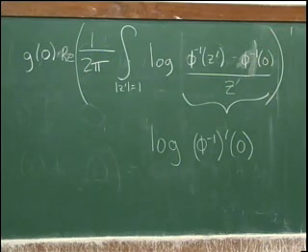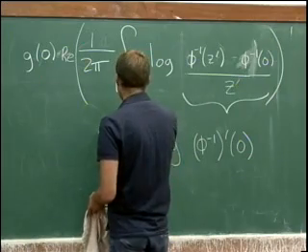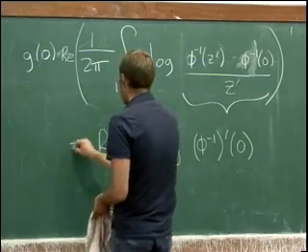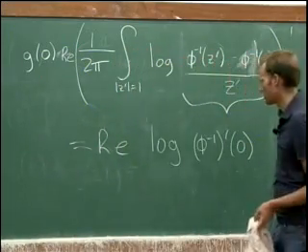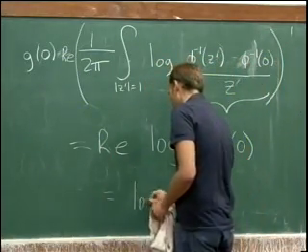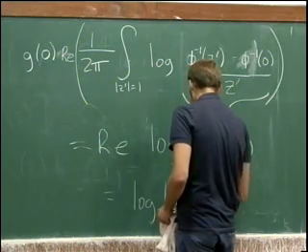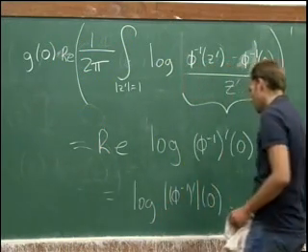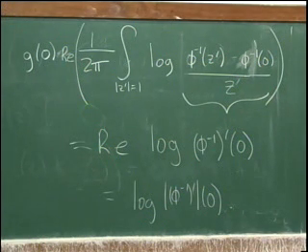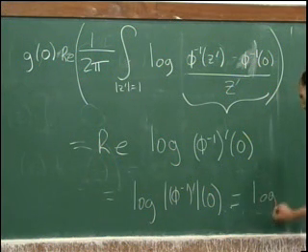This whole thing, and then you take the real part of that. And then you just use the inverse function theorem or whatever to check that this is the same as log of phi prime of z.